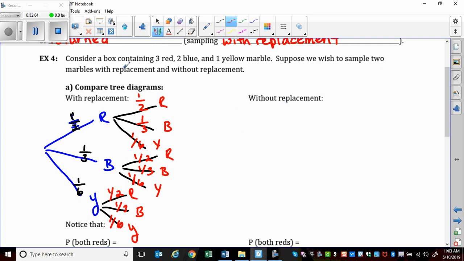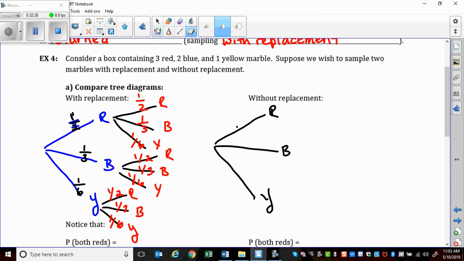Now, if we did not replace these, I'm still going to start with the same red, blue, and yellow: 1/2, 1/3, and 1/6. However, if we started with a red marble, then we only have 2 left.